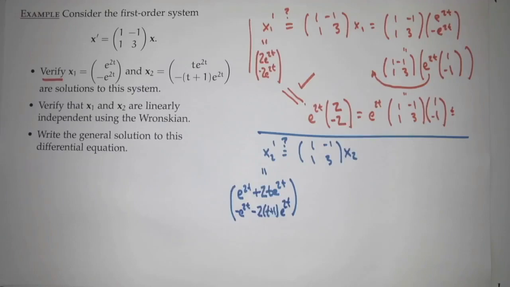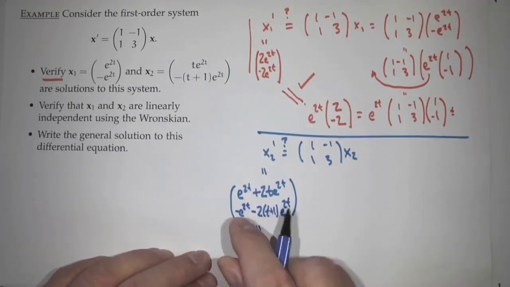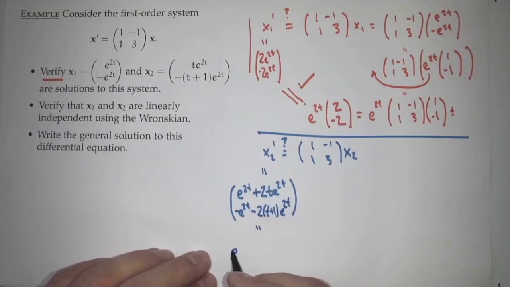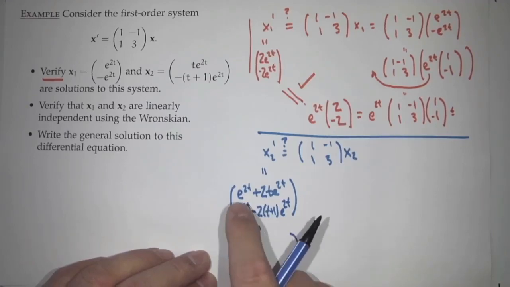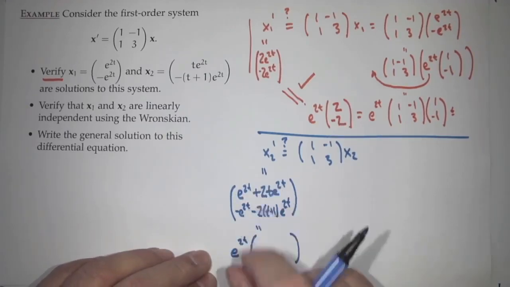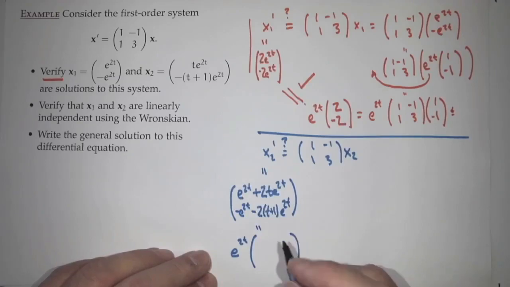All right, well, let's see. Maybe we can clean that up a little bit. Everything has e to the 2t in it, so let's go ahead and pull that out. I think that'll help as we simplify. If we do that, what's left in the top row, or the top entry? 1 plus 2t, beautiful. What's left in the bottom entry?